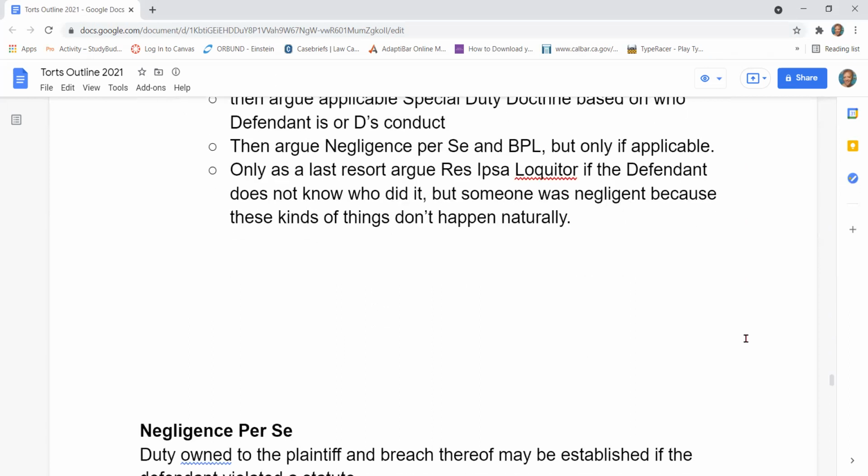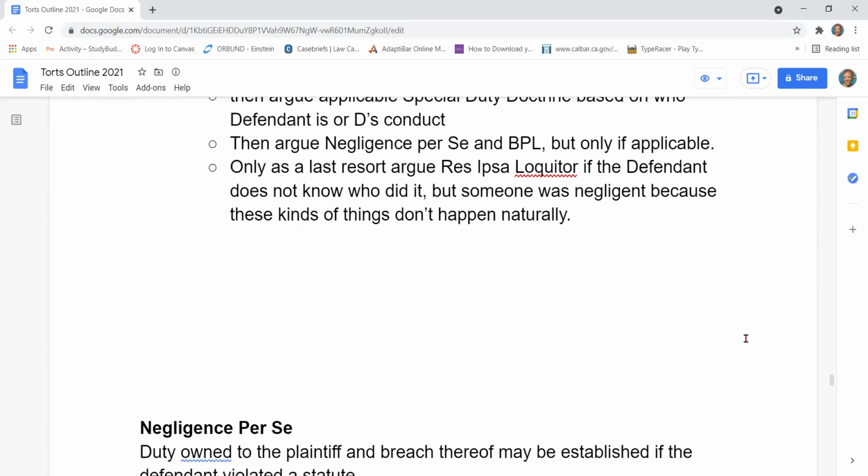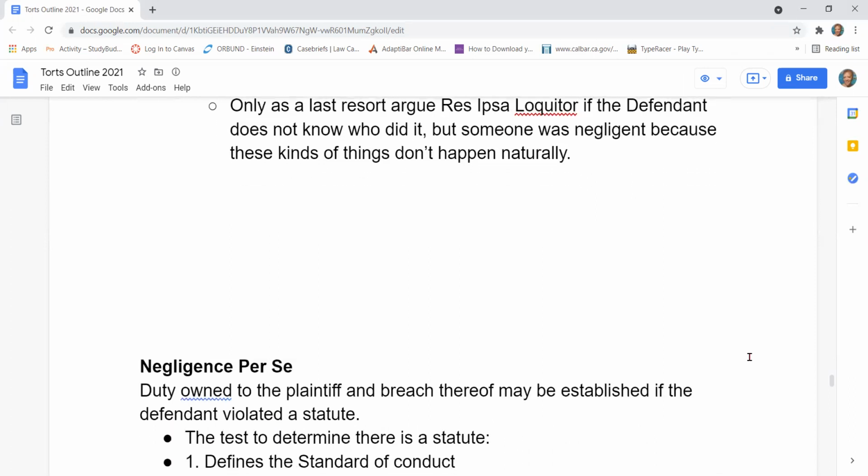Only as a last resort, argue res ipsa loquitur if the defendant does not know who did it, but someone was negligent, because these kinds of things don't happen naturally.